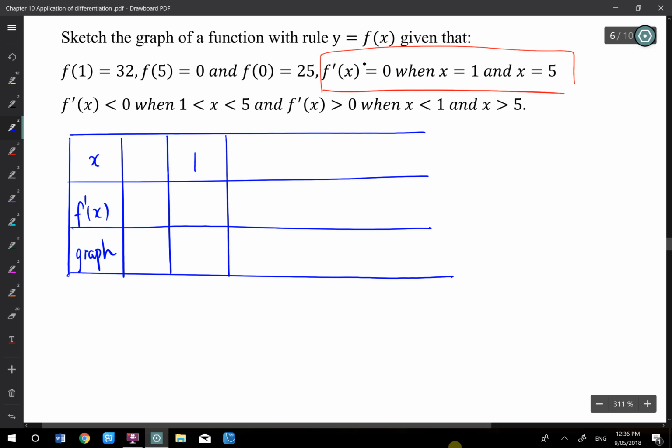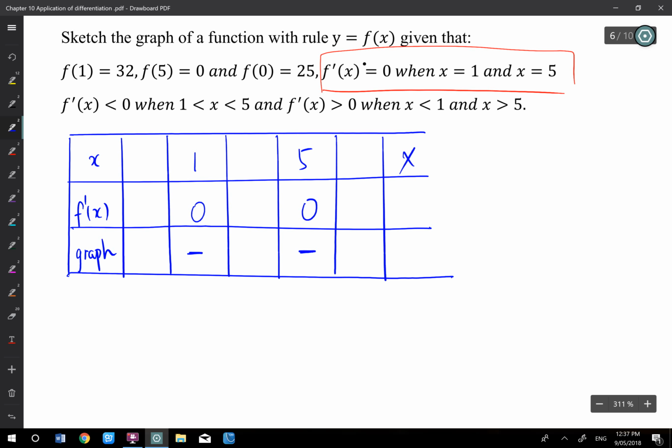And the next one will be empty again, and the next one is 5. We know the derivative equals 0 at 1 and 5, and I know they are horizontal points. That's what I can get from the first row, and also some coordinates there, but I'm not worried about that too much yet.